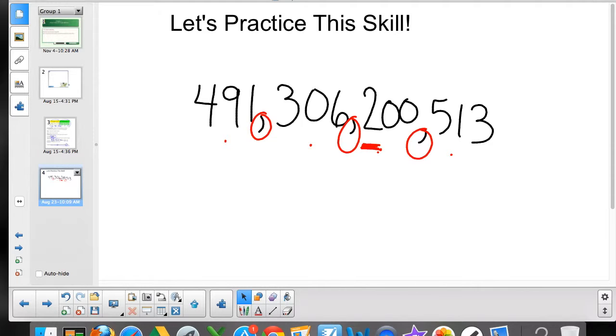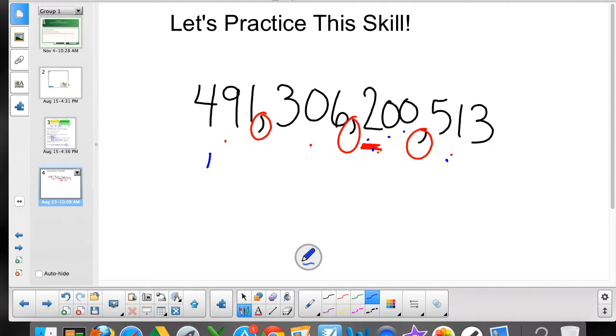If we're talking about the place of the 2, we want to know what place the 2 is in. Well, this is the ones, and this is the thousands. So we look at the place: 1, 10, hundreds. The 2 is in the 100,000s place.